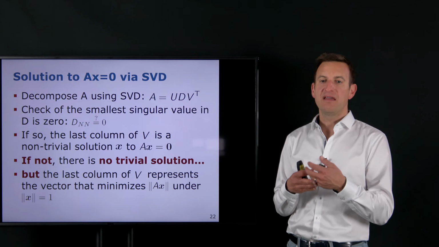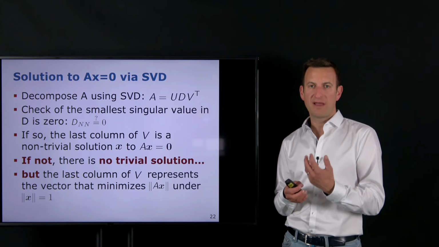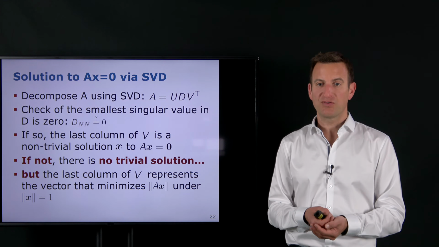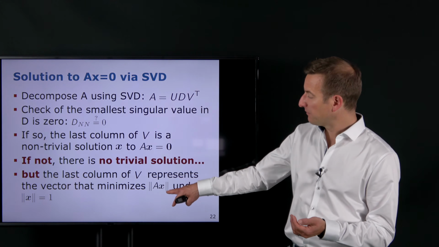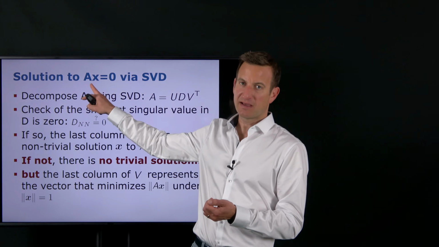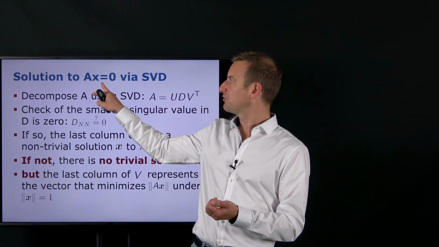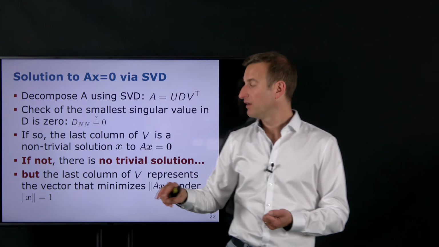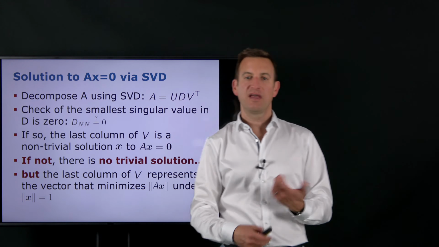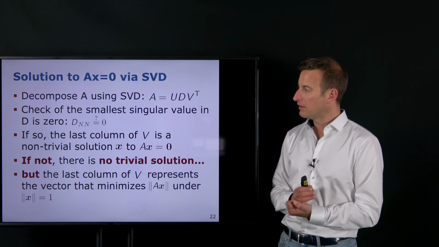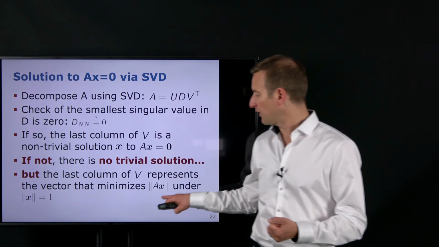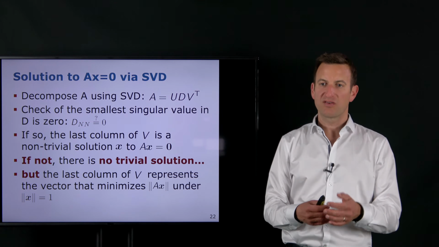So if I can't find an exact solution, AX equals 0, because again, we may have more observations than parameters we want to solve, then this is helpful because this is a vector which minimizes AX. If I can't solve AX equals 0, I'm often interested in minimizing AX. And this is a solution that minimizes AX under the constraint that X is of length 1. Of course, if I would relax this constraint, I could make X as small as possible, and then this expression also gets smaller and smaller and smaller.